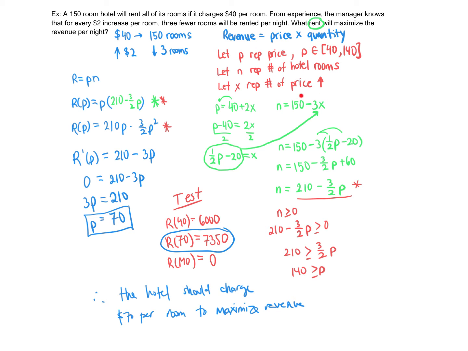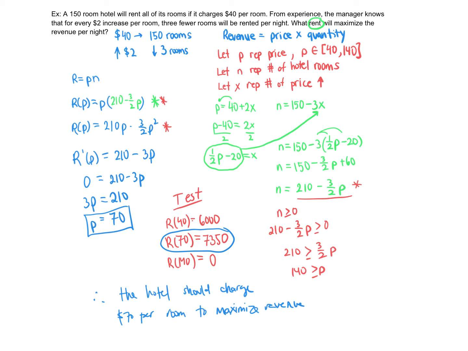So I couldn't just plug in this N value, 150 minus 3x, into my equation. Otherwise, I would still have two variables, price and the number of price increases. So I isolated for X in my price equation, then subbed that into my hotel room equation, and then I was able to get the number of hotel rooms in terms of the price. And then off we went to get our equation, our derivative, and our critical point.